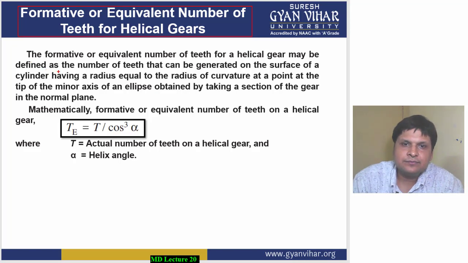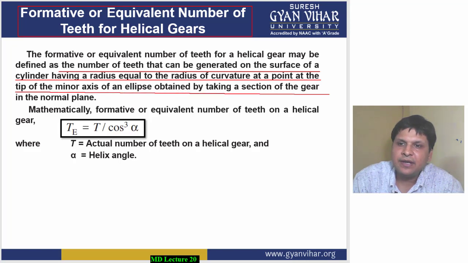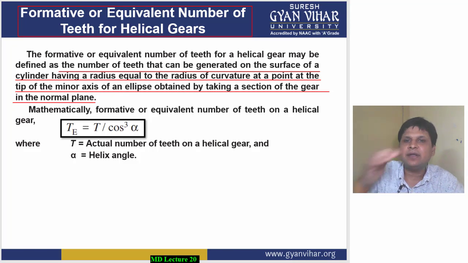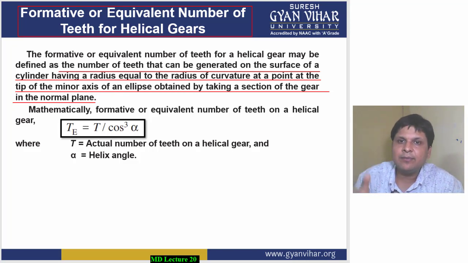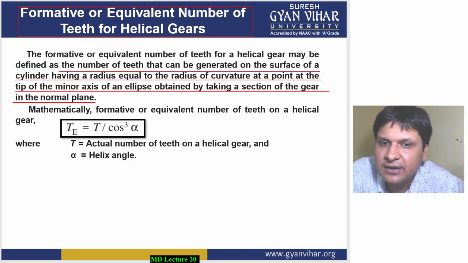They are defined as the number of teeth that can be generated on the surface of a cylinder having a radius equal to the radius of curvature at a point at the tip of the minor axis of the ellipse, obtained by taking a section of the gear in the normal plane. So this is the definition, students, of equivalent number of teeth in helical gears.